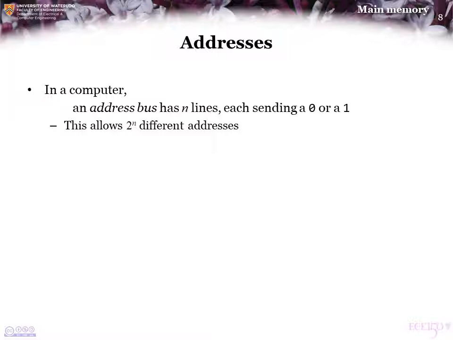This means that every single address can be n bits long, and you will recall from a previous topic that if we had n bits, then we could potentially send values between 0 and 2 to the n minus 1, for a total of 2 to the n different addresses across such a bus.